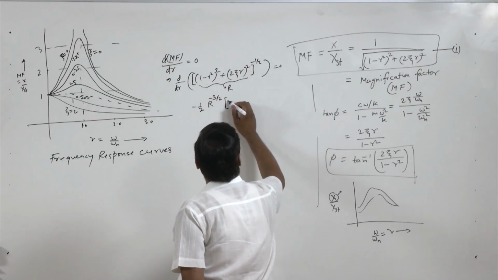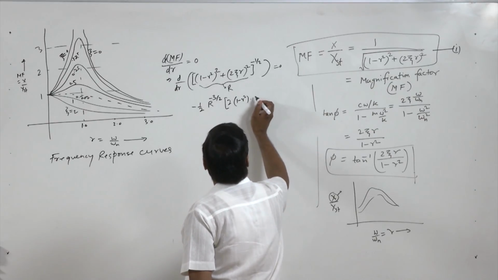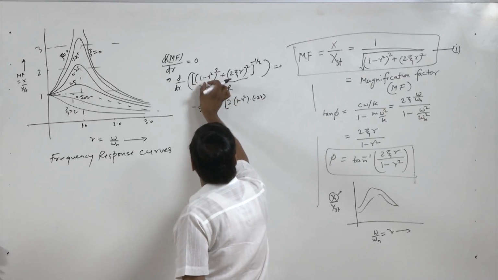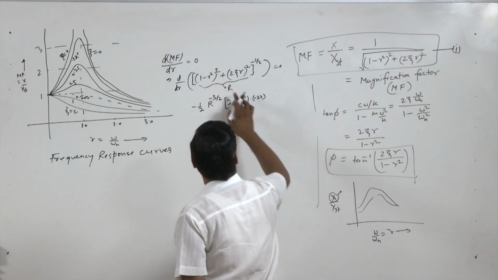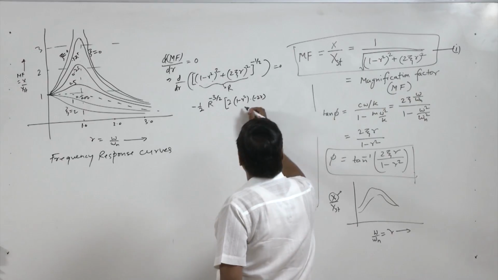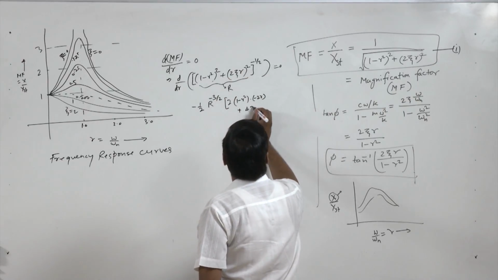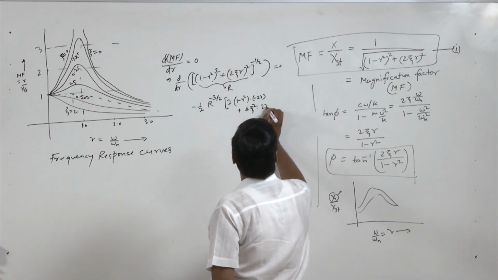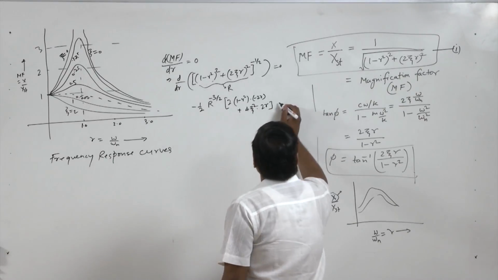Now we differentiate inside. Here we have 2 (1 minus r square) into minus 2r, so x power n gives n x to the n minus 1. So 2 (1 minus r square) into, inside, 0 minus 2r, plus this quantity, 4 zeta square into r square, so r square gives 2r, and this is equal to 0.